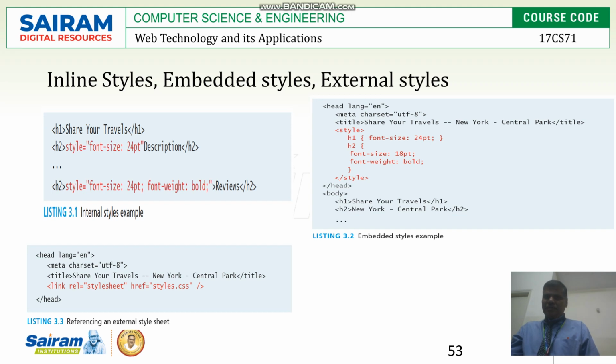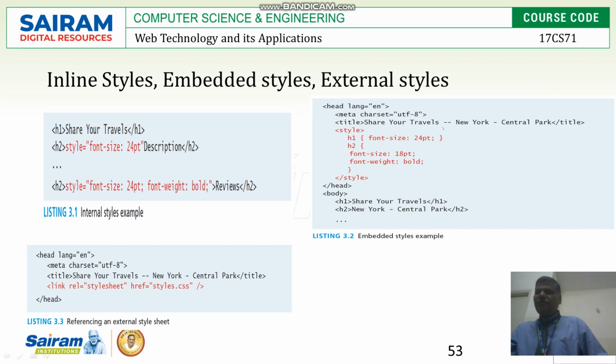This description, whatever is written, will be written in 24 font. Then there is another style: H2 style font size 24, font weight bold. So with the bold format, reviews are being written. This is inline, the style is applied in the same line.